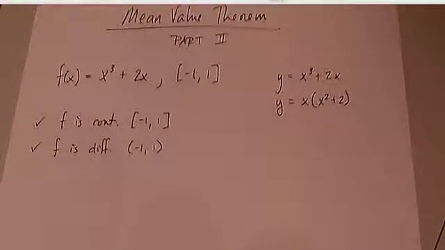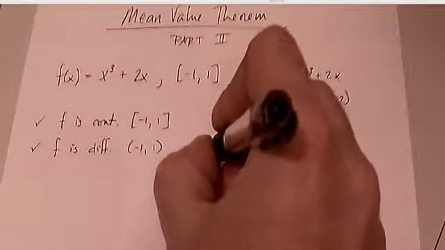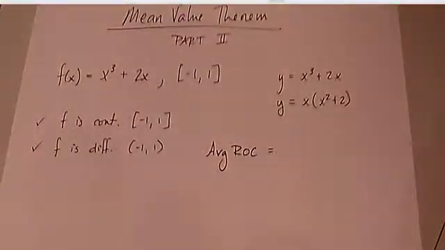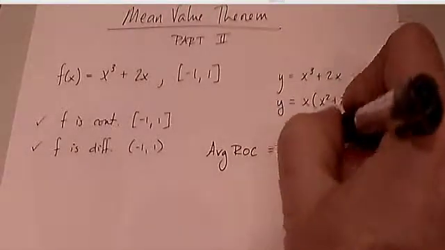The question is, where is the point in the interval where the instantaneous rate of change is equal to the average rate of change? Let's find that average rate of change first.